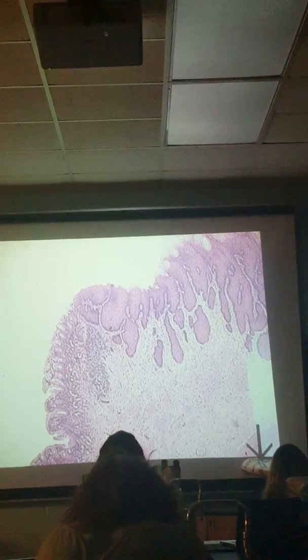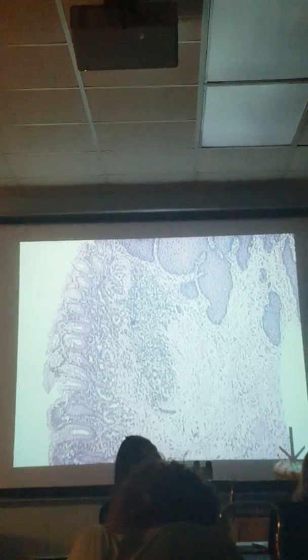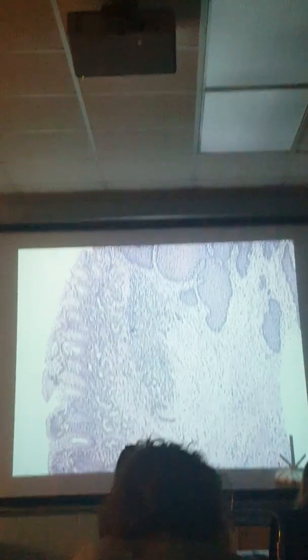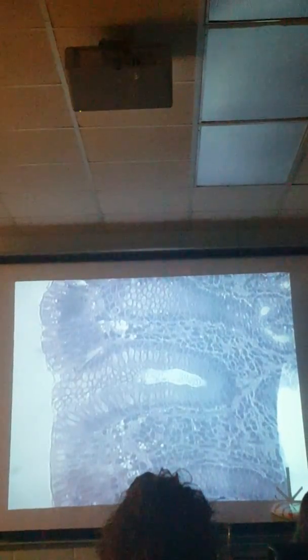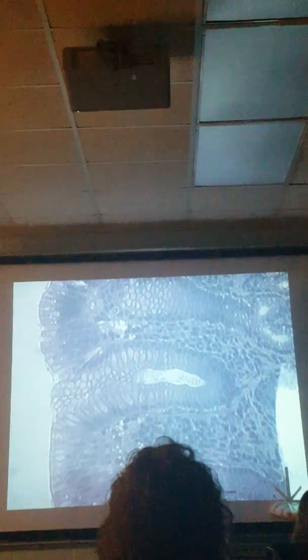This is all stomach. Stomach has that simple columnar epithelium, but there's folds in it, so they're hard to distinguish. But we'll zoom in on a few of them just to confirm. See a spot that really shows it better. See how these are really long?